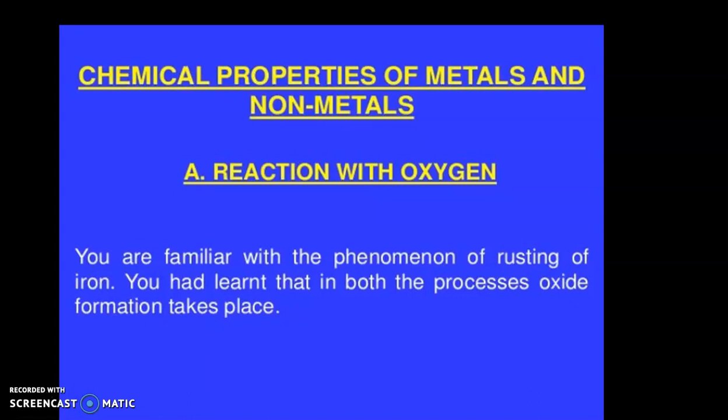Whenever a metal reacts with oxygen, it always forms a metal oxide, which is basic in nature. On the basis of this we have an activity to prove that the metal oxide produced is basic in nature.